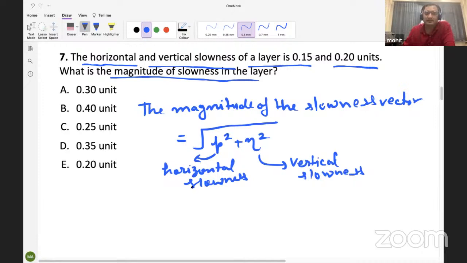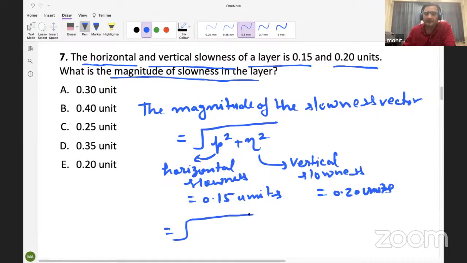So horizontal slowness is basically 0.15 units, and this is your 0.20 units. So the magnitude you will find out under root 0.15 square plus 0.20 square, and when you solve it you will get on calculating 0.25 units.